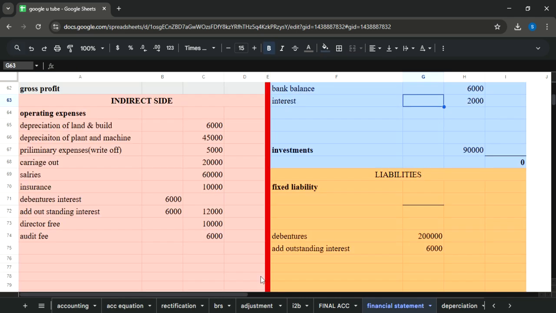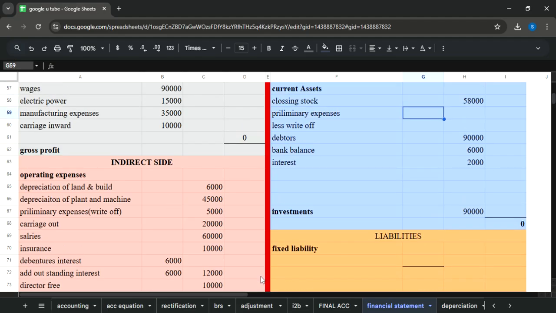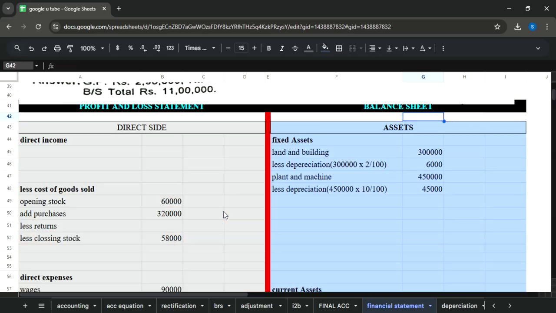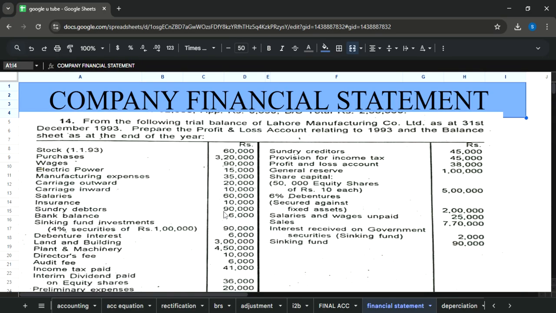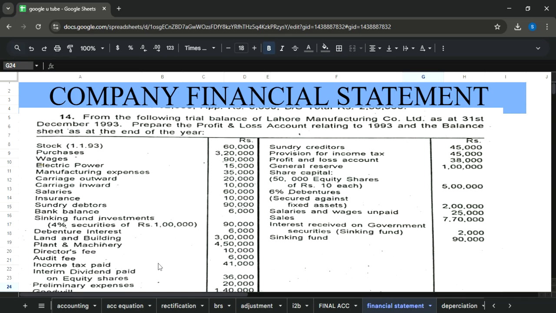So here you will write 20,000. And look, written off were 5,000, so you will subtract 5,000 out of it. Total preliminary expenses 20,000, 5,000 were written off, remaining 15,000 would still be considered as your asset.